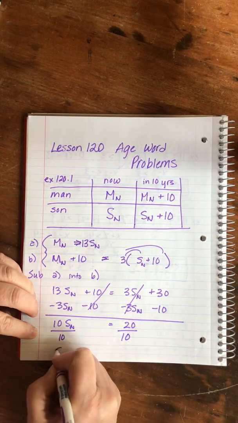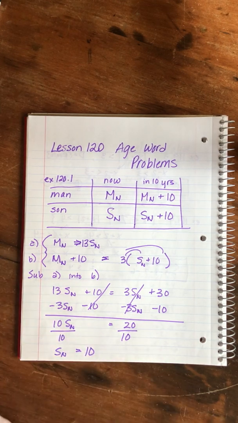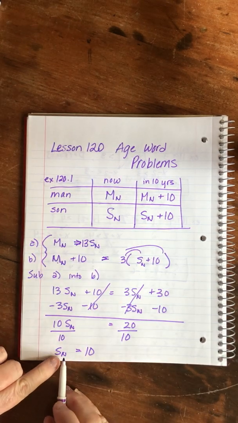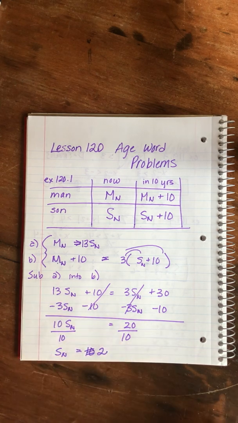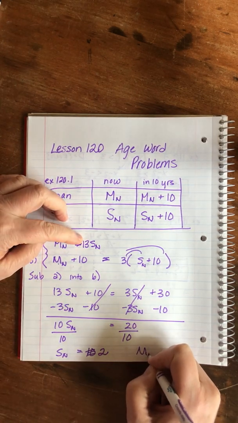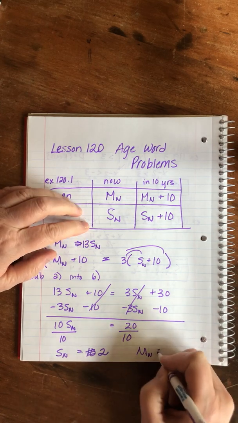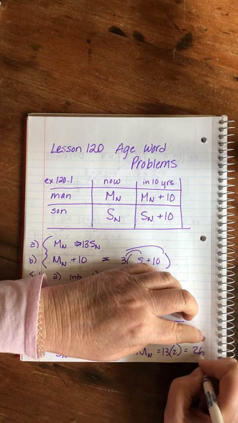Yay. So the son's age now equals 10. Let's look and see what the book wants us to find. How old are they both now? So, I'm sorry, not 10. 2, making it hard. And so the man's age now is 13 times 2, which equals 26.